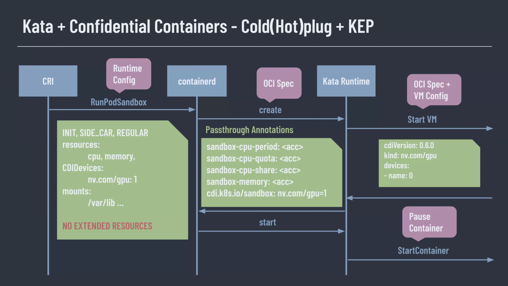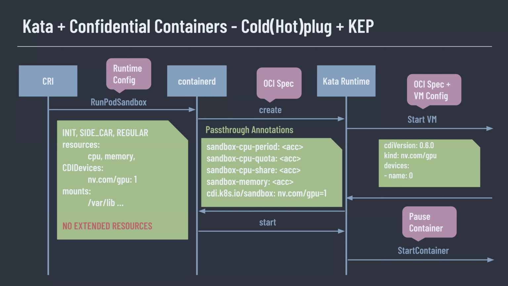And the Kata runtime can interpret those annotations, look up the devices, decide if it's a GPU, and if it's a GPU and a PCI Express device, it can create the PCI Express topology at the pod sandbox creation time, meaning all the CDI devices that are needed later on for all containers that are coming are available at the pod sandbox creation.